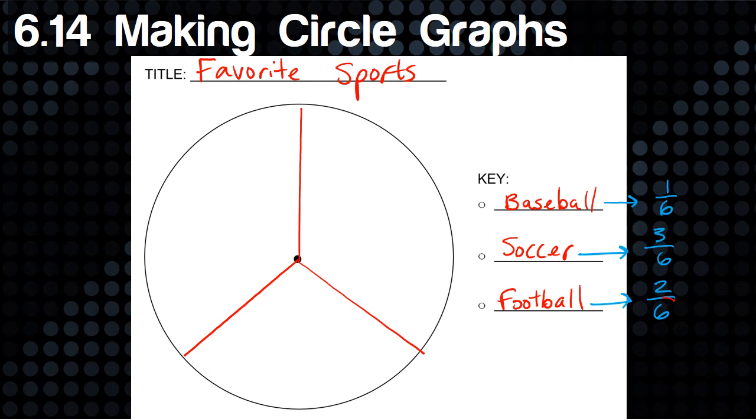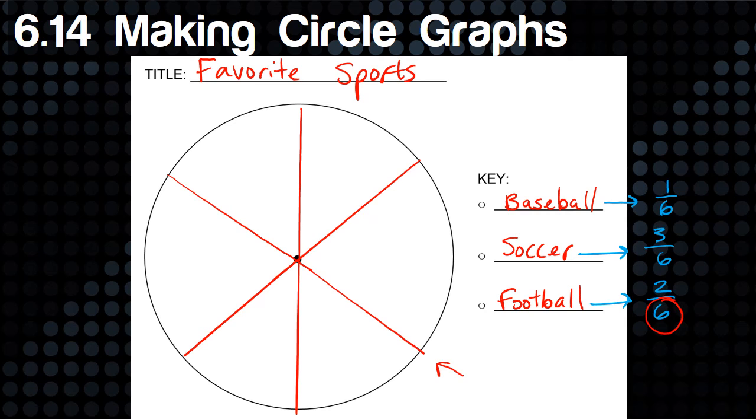But we need to make sure our denominator is 6. We need to have 6 pieces in our circle graph. So let's go ahead now and make our 6 pieces. Here we're trying the best we can to make them as equal as possible. You can see I kind of didn't, but I'm close. I got 6 pretty close to equal parts.